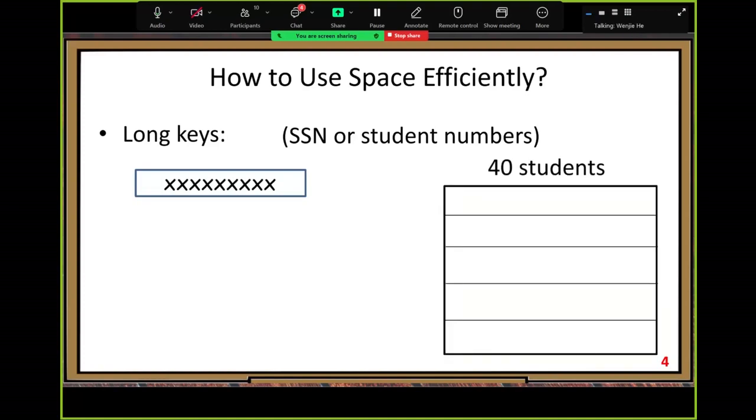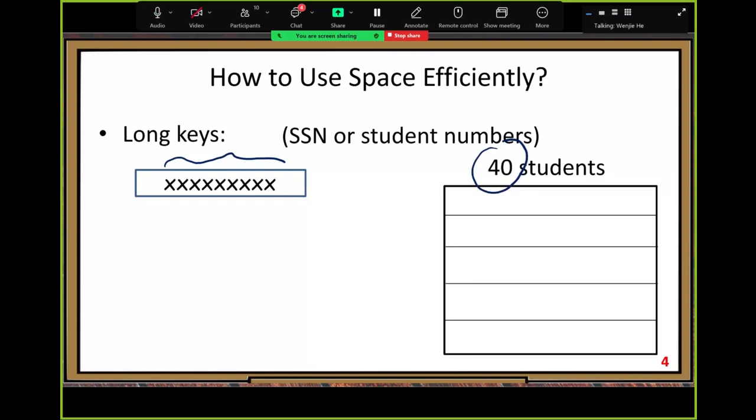But think about a class where we only have 40 students. Here I just use a relatively small number. Compare that to your key size, the number of digits or characters in the search keys. This 40 is very small.